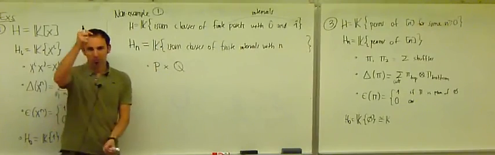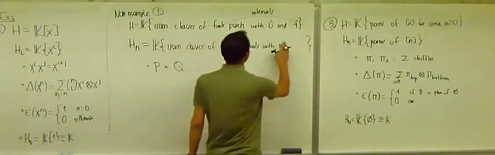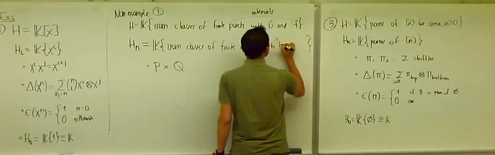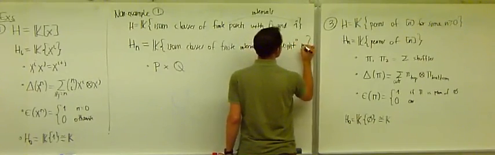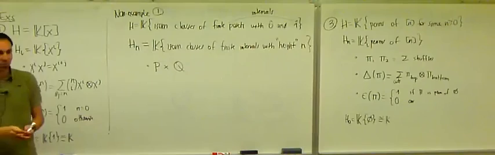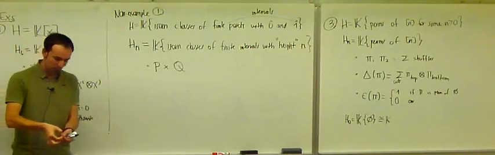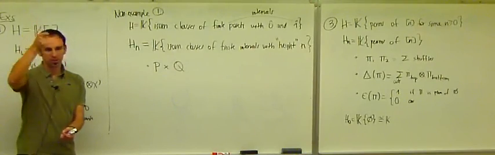You could say, how tall is it? How tall is the poset? Okay? So what if you take something of height n? So the size of the longest chain from the bottom to the top.